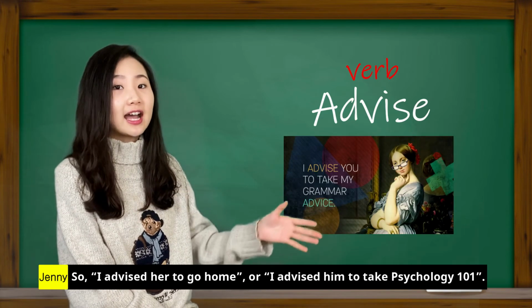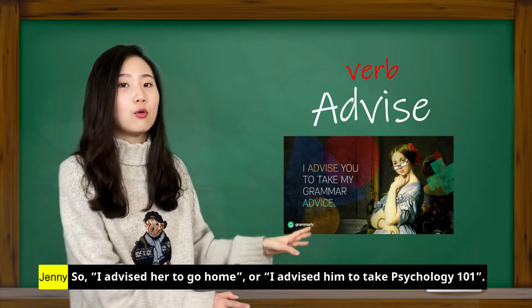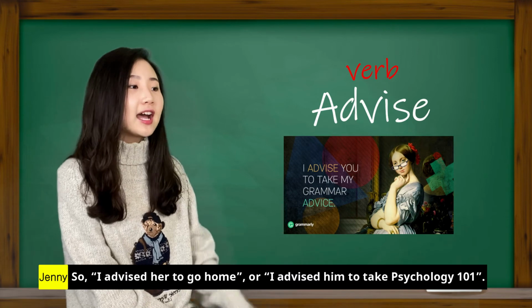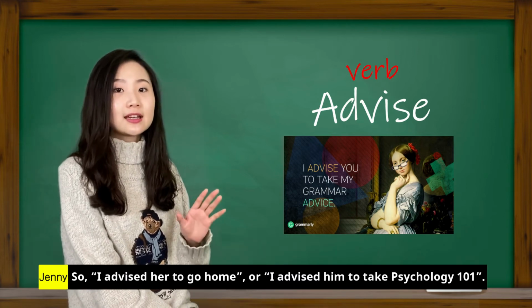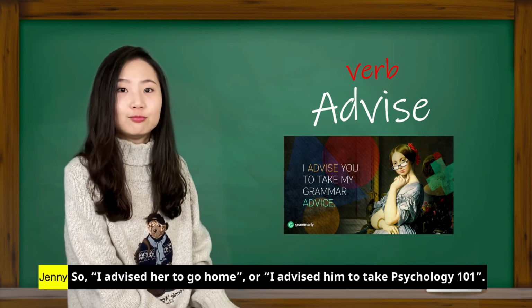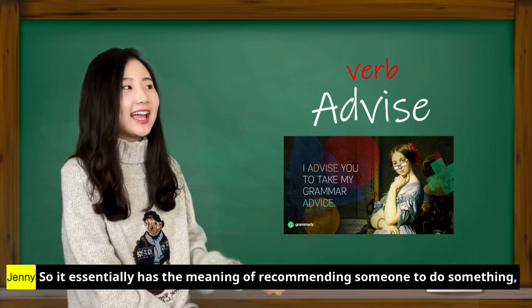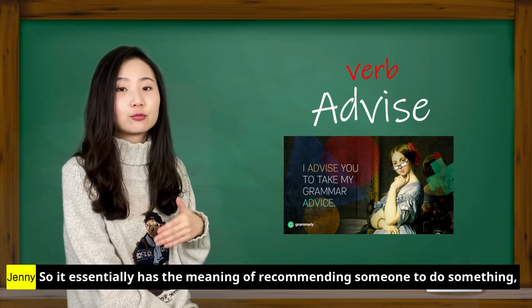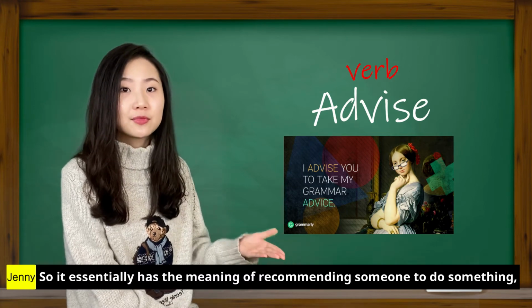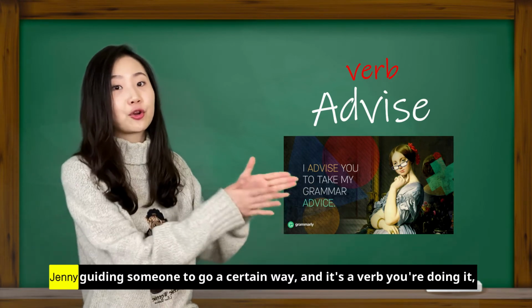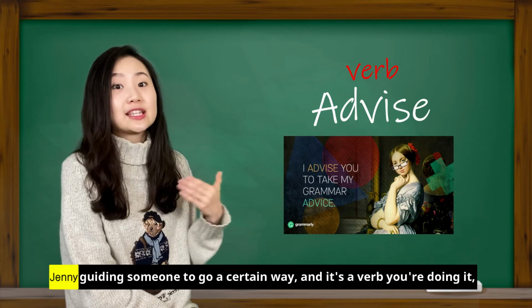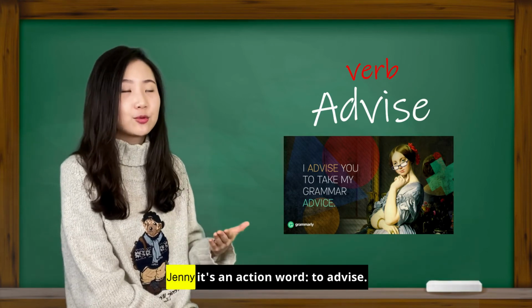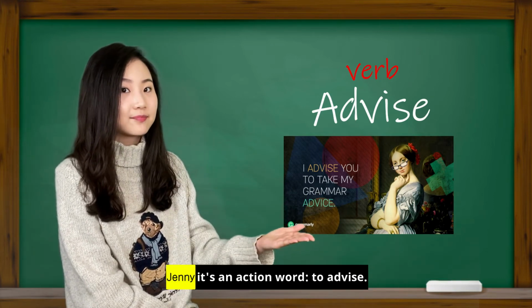So I advised her to go home, or I advised him to take Psychology 101. It essentially means recommending someone to do something, guiding someone to go a certain way, and it's a verb. You're doing it, it's an action word, to advise.